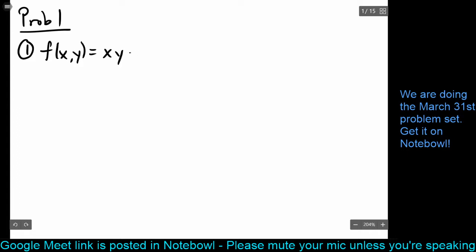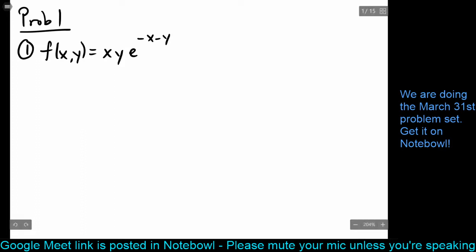We use the gradient to find the critical points, and then we use the second derivative test to classify them. So number 1 here, we have f of x y equals x y e to the minus x minus y.